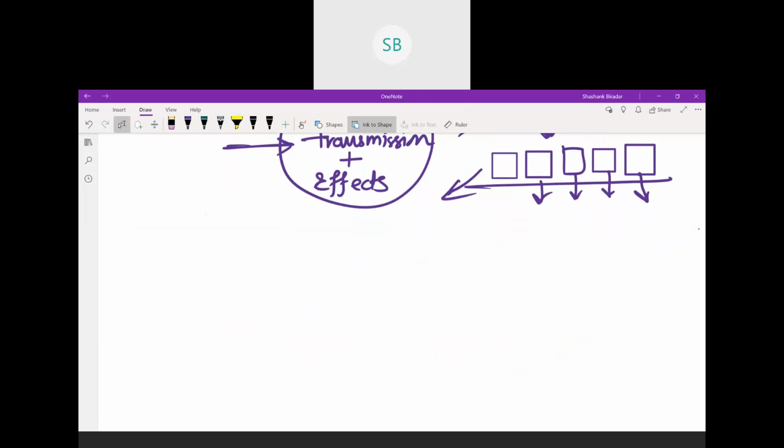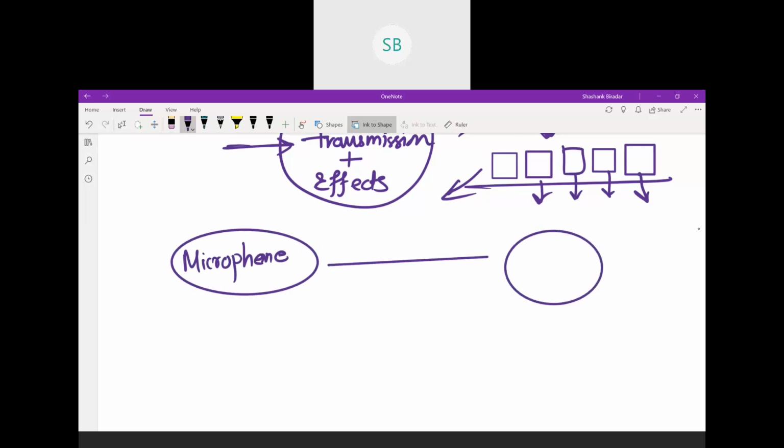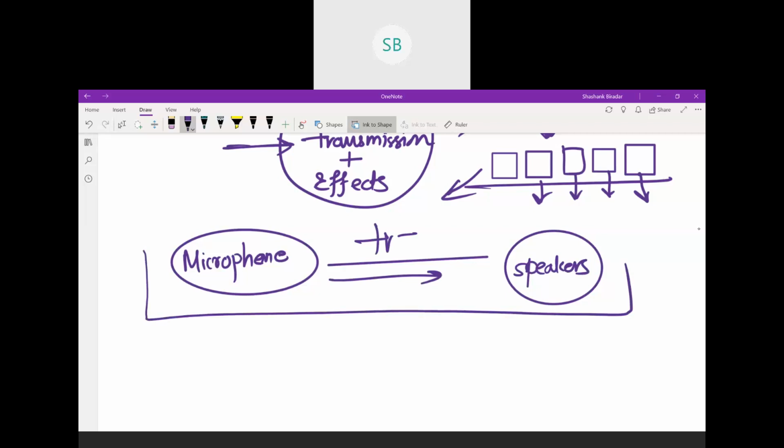Because the source is generating some kind of sound that has to be transmitted, and the points where we transmit are nothing but the speakers, so there is a link between the microphone and the speakers. Transmission. So this is how acoustics can be defined.